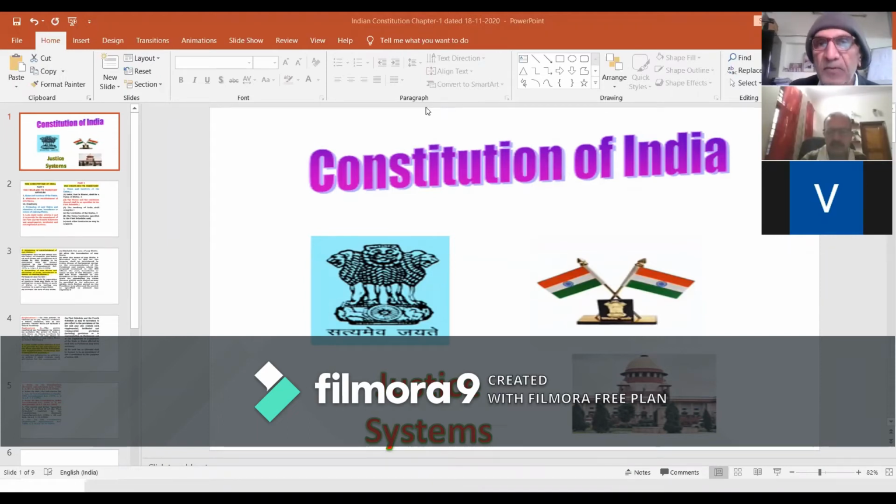From today, we begin to visit the provisions of the Constitution of India. We will proceed article wise.